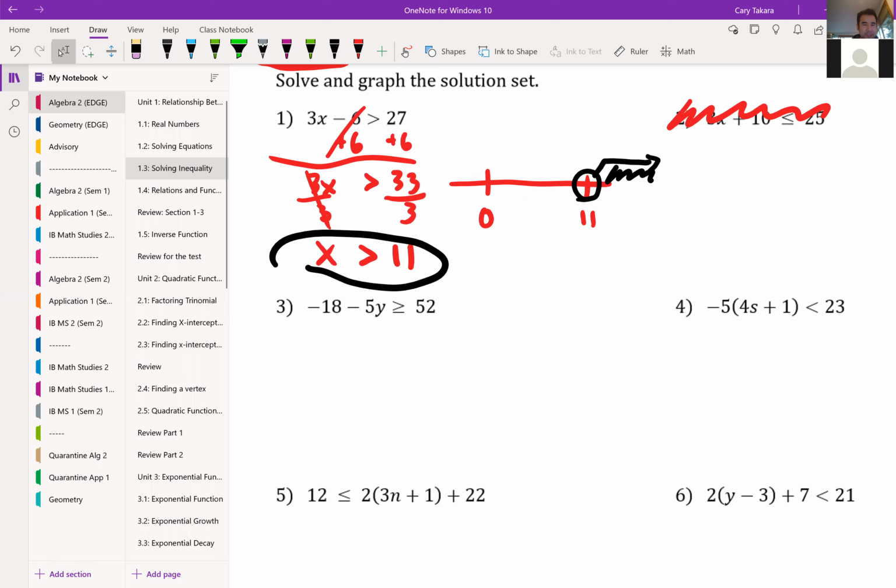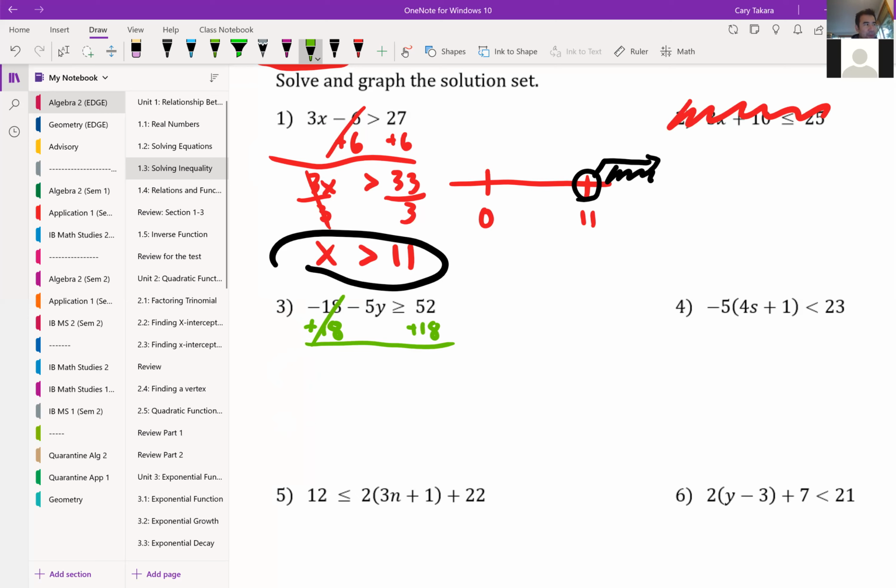Okay, it's been a minute, so I'm going to get started on this. So what would you do first? If I'm working on this problem, I would add 18 first. Is that what you did? Okay, so that is gone.